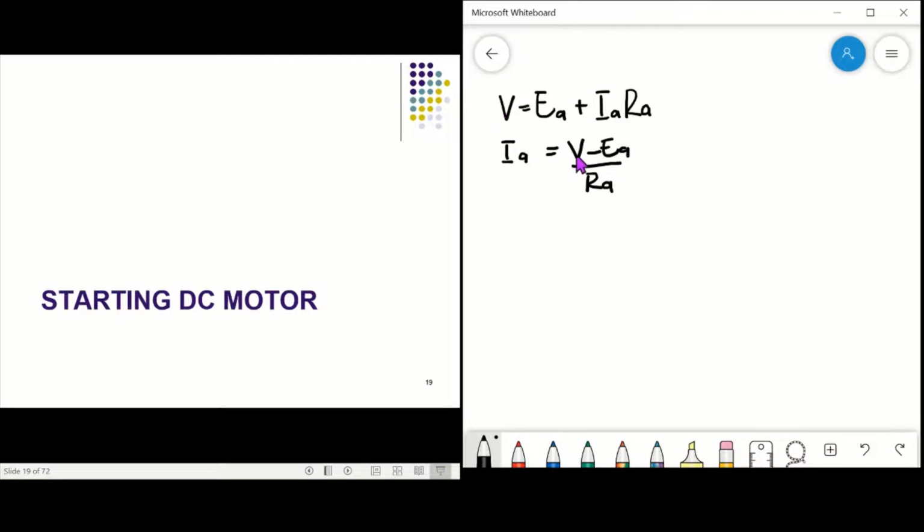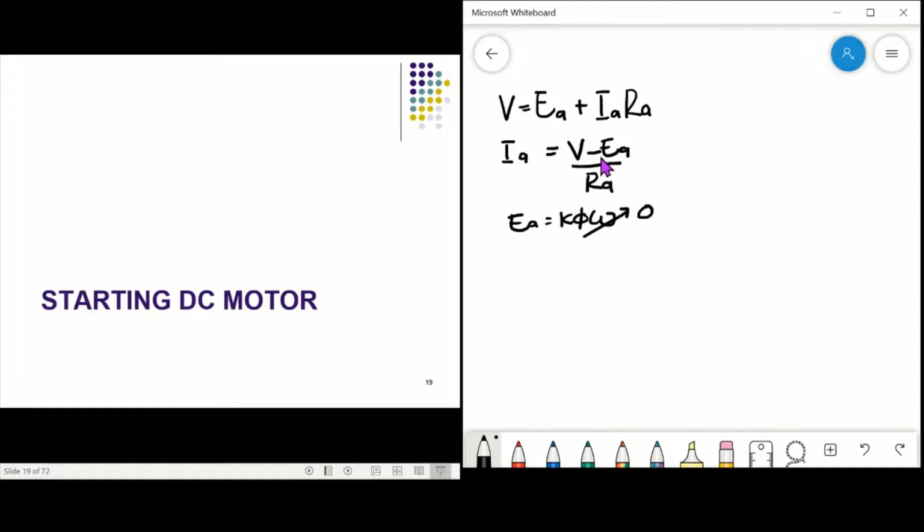V is the terminal voltage and EA is the back EMF voltage. Now when the motor is at rest, obviously the back EMF equals 0. Why? Because EA = K flux omega, and omega is the angular speed. At starting omega equals 0, so EA also equals 0.